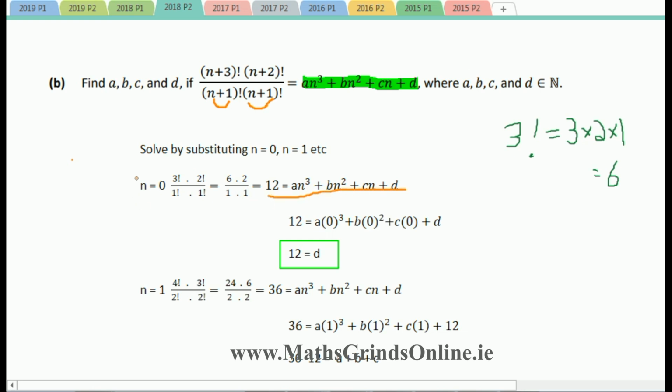Remember n was equal to 0, so we'll be subbing in 0 for all of these n's, and effectively they all go to 0, and we're left with d is equal to 12, or 12 is equal to d.